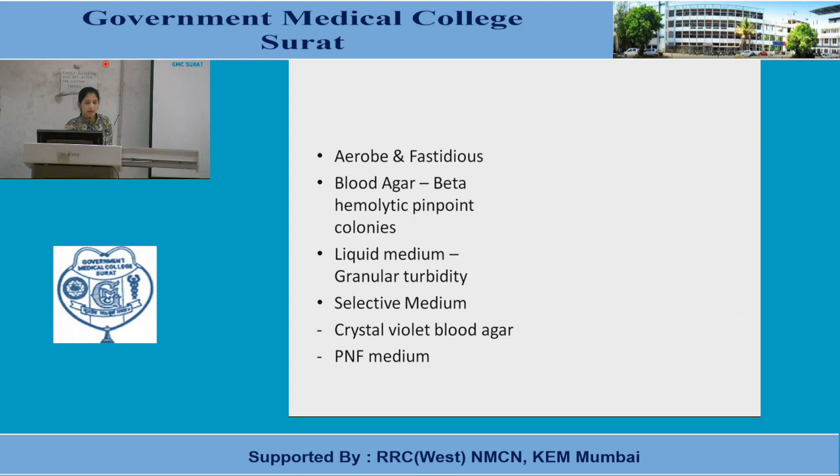Streptococci may be classified according to their hemolytic property: alpha hemolysis, beta hemolysis and gamma hemolysis. Alpha hemolysis means there is incomplete hemolysis on the blood agar. Beta hemolysis shows complete hemolysis surrounding the colony. So Streptococcus pyogenes produces beta hemolysis on the blood agar.